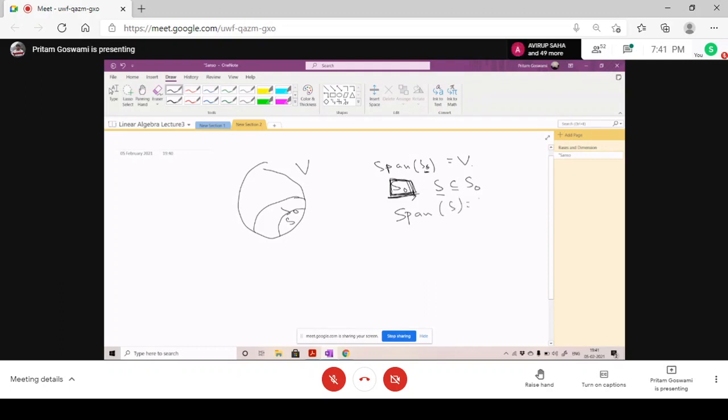The span of S is also V, and S is a subset of S0, not necessarily a proper subset. It can be S0 itself if S0 is linearly independent, because then it will be a basis. Clear? Yes, sir. Clear.